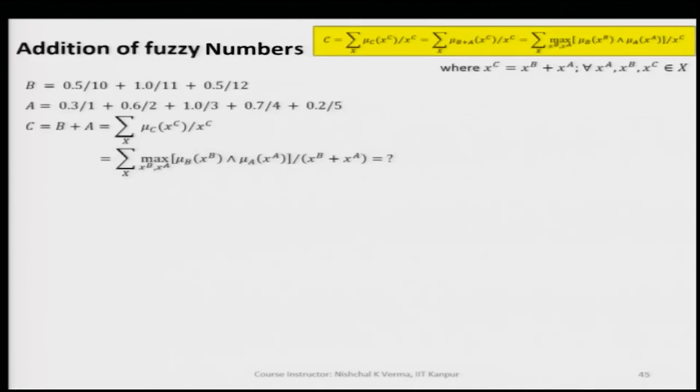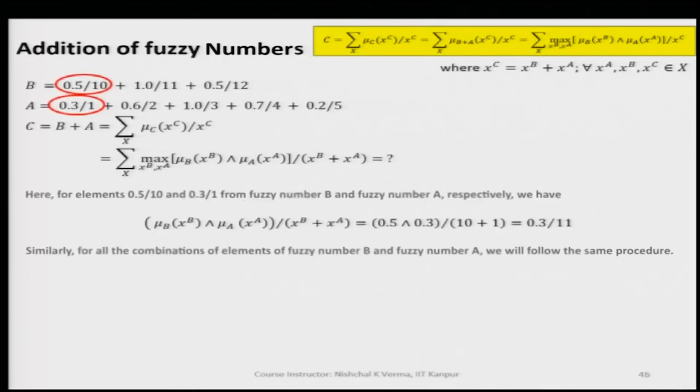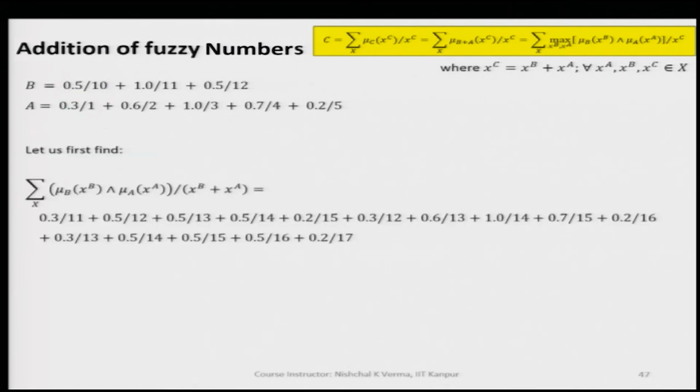When we take B first and do the same exercise, we take the summation of mu B of x B min mu A of x A, oblique x B plus x A.